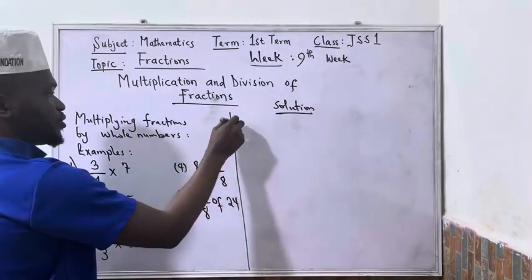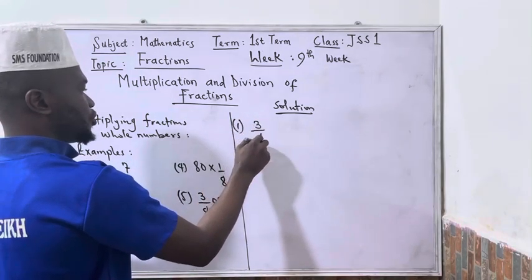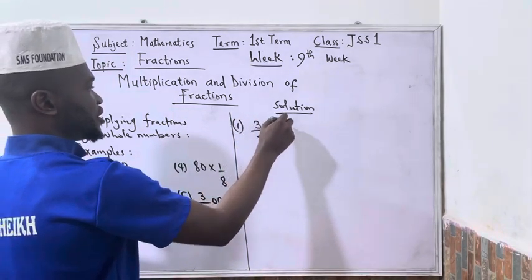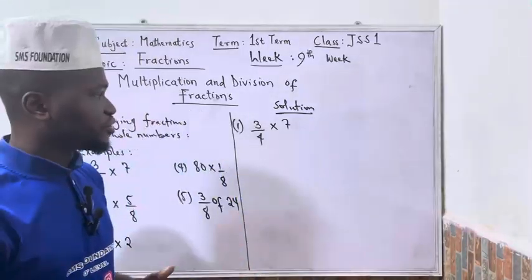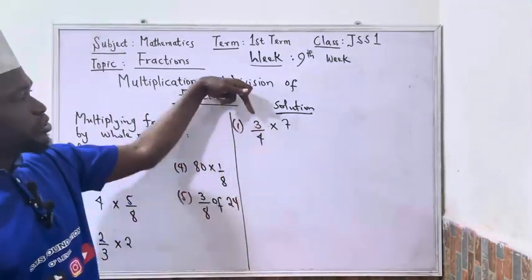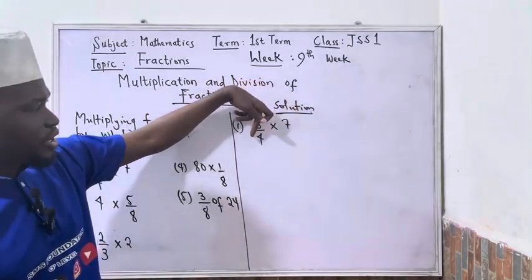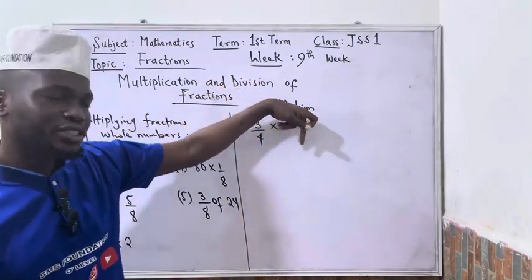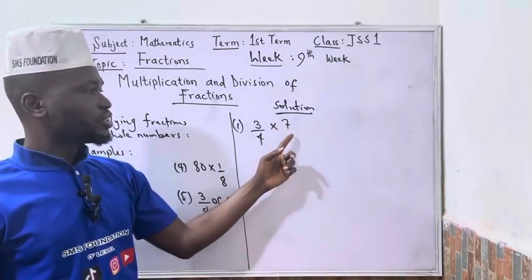I just come with solution. Let's start with number 1. Number 1 is 3/4 times 7. Now, when dealing with multiplication of fraction, we are meant to multiply the numerator by the other numerator and the denominator by the other denominator. But if you look at this, this is a whole number.